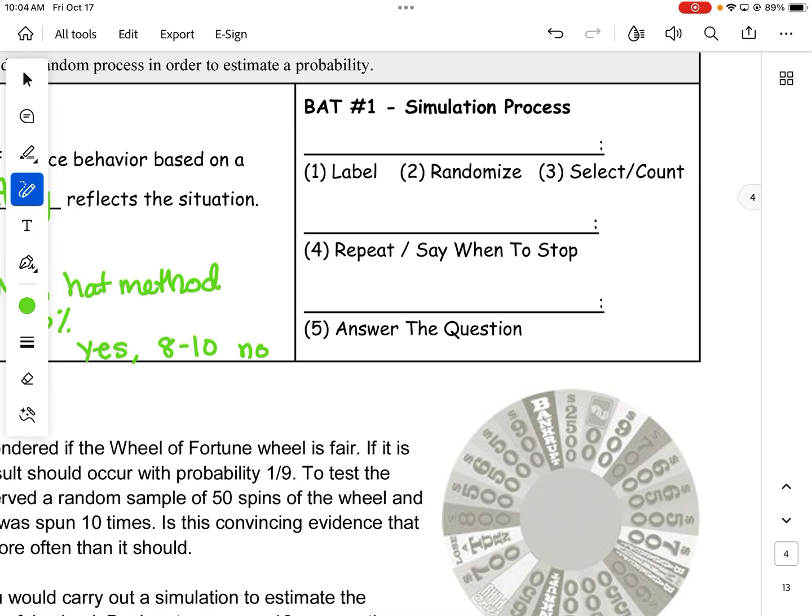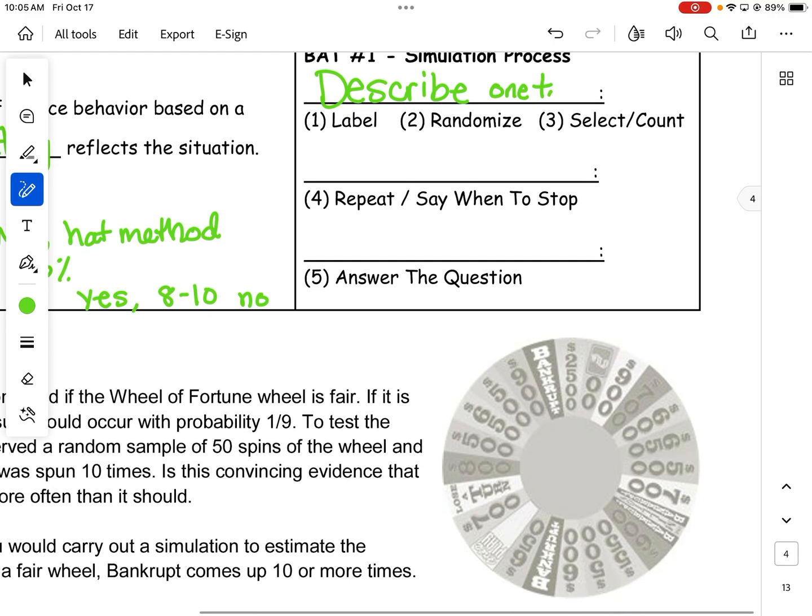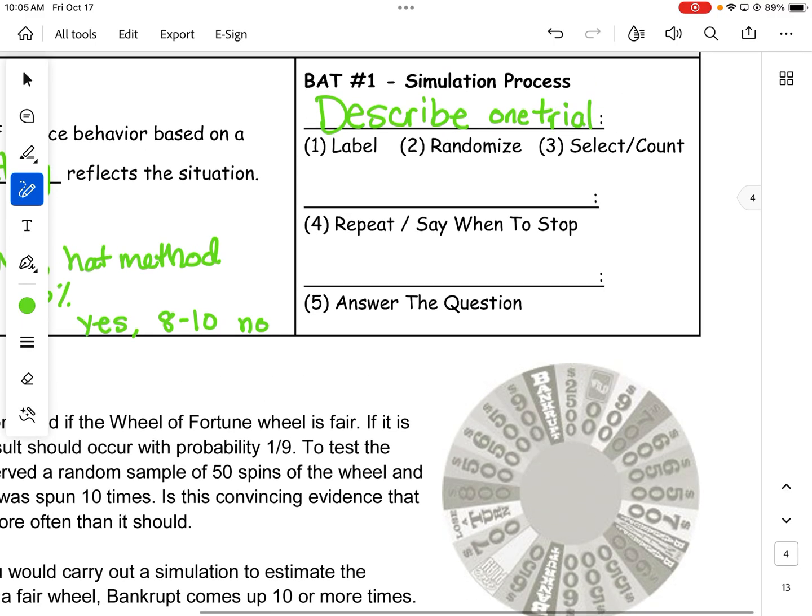All right, so there's a whole process. You'll have to label each of these parts. So the simulation process, the first part is to describe one trial. The way you do that is you label, then you randomize by using one of the devices, and then select and count.